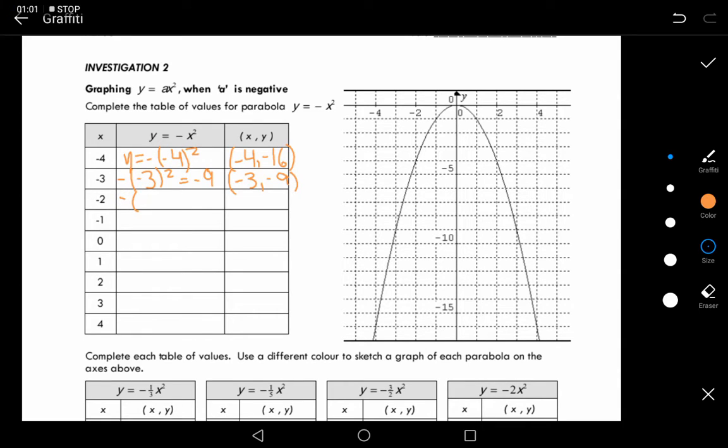Again, that double negative is important here. Don't leave it out. Okay, remember, anything times 0 is just going to be 0, so we can always just assume that that's 0, 0.